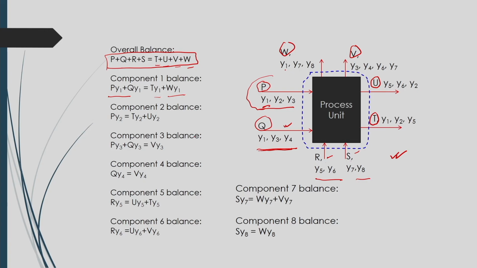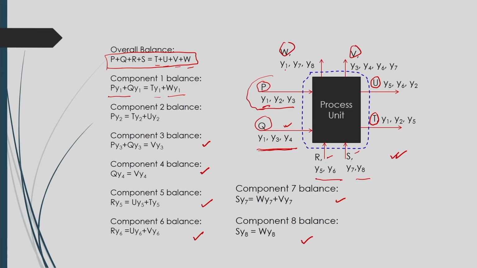Similarly, we can write the component 3 balance, component 4 balance, component 5, component 6, component 7 and component 8 balance. From these material balance equations we can solve for Y1 to Y7, and also for P, Q, R, S, T, U, V, W.